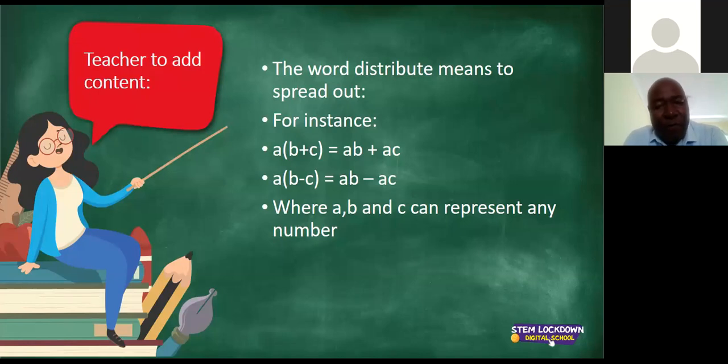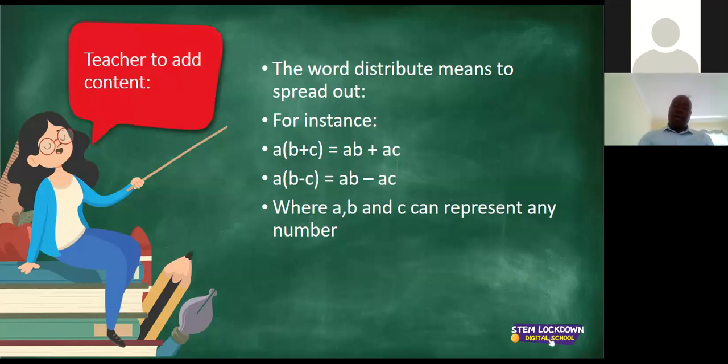The first one, we've already multiplied it. A into B plus C will give us AB plus AC. And of course, the next one, A into B minus C, will give us AB minus AC. And of course, that is your lesson, the introduction as we carry on.